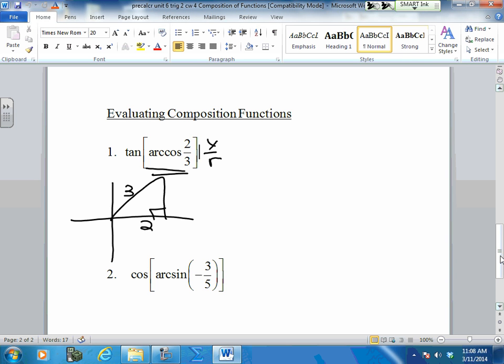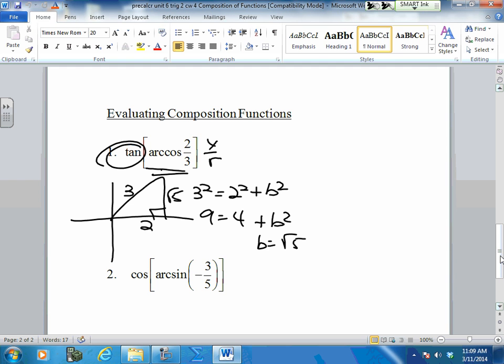Now, I don't want the angle, but I now want the tangent of this guy. So tangent says opposite over adjacent, y over x, but I need to do the Pythagorean theorem to find it. So b is equal to radical 5. So now how do I find the tangent? Y over x, radical 5 over 2. There's my answer.